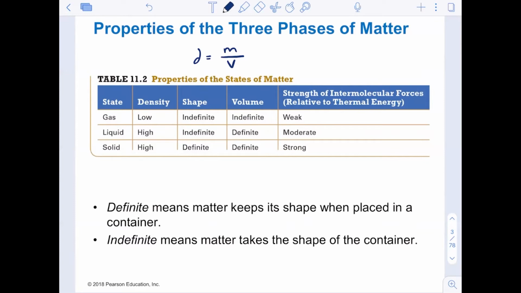Solids are more highly compact, they have a definite shape, and their intermolecular forces are what's really holding the solid together. We're going to discuss liquids a lot because liquids can make solutions, and so we can change the intermolecular forces of a pure substance when we integrate it with another substance. The solute-solvent interaction will be of importance in Chapter 13.